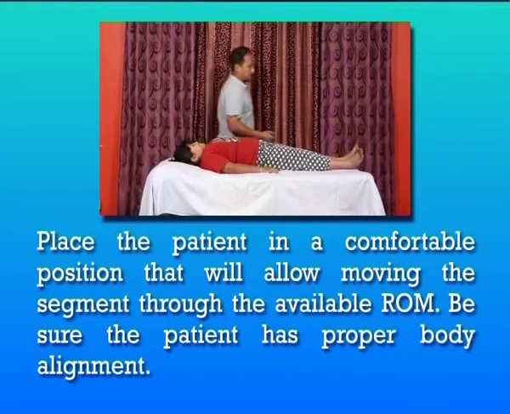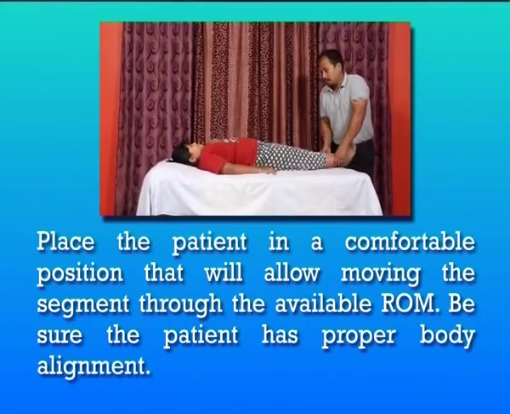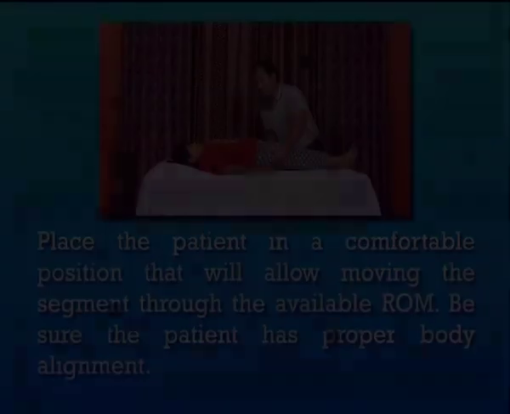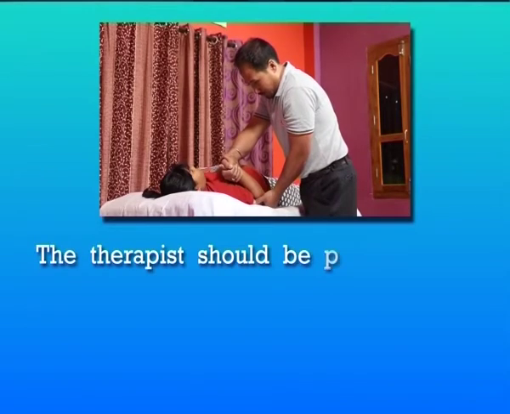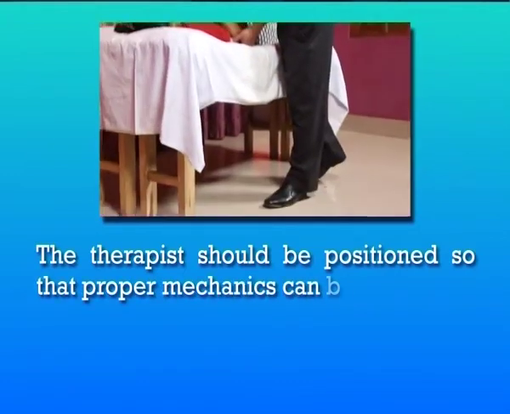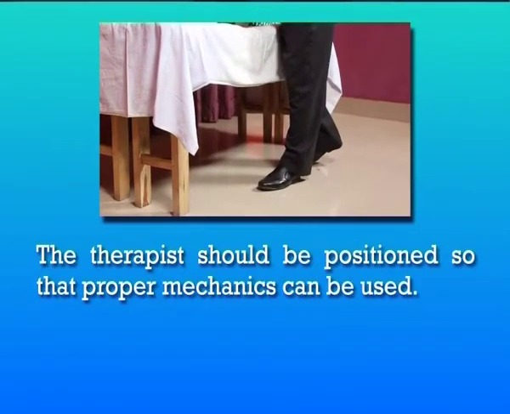Be sure the patient has proper body alignment. Free the joint from restrictive clothing, linen, splints and dressings. The therapist should be positioned so that proper mechanics can be used.